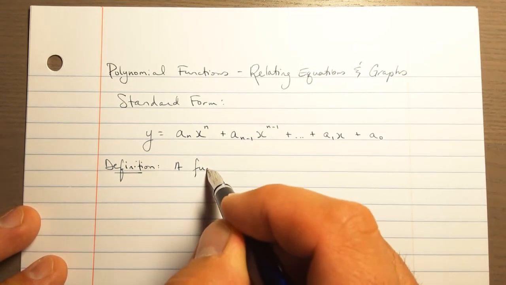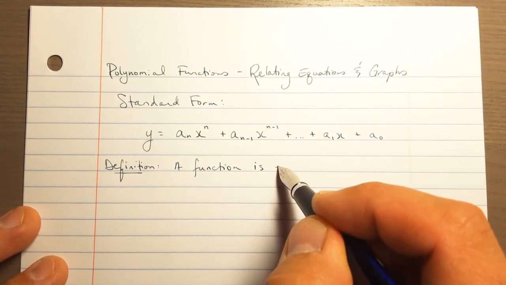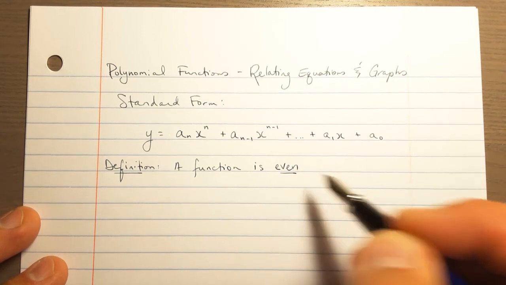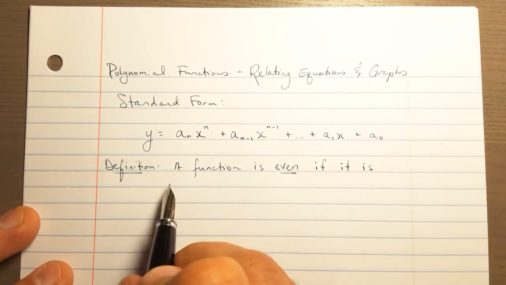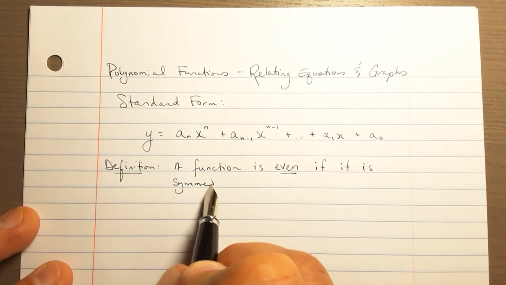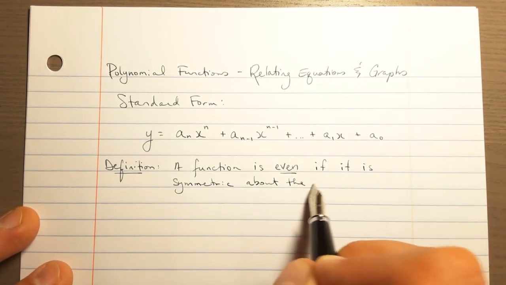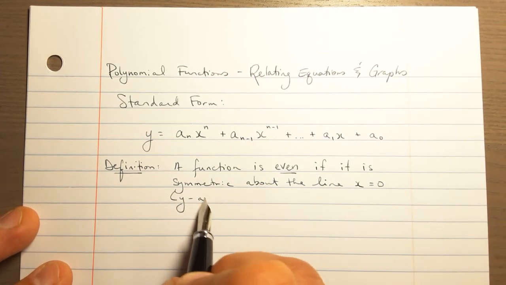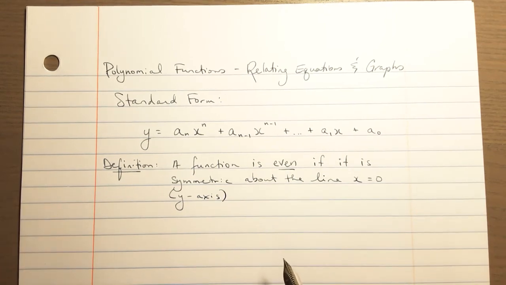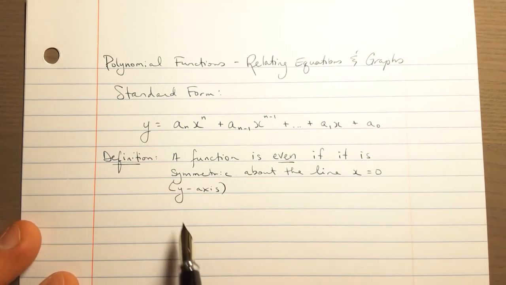The first one is this: a function of any type is even, not of even degree, just even, if it is symmetric about the line x equals 0, which is the y-axis. So if you reflect the function in the y-axis, it won't change it. It looks exactly the same. So that might sound familiar because we've seen something like that recently.